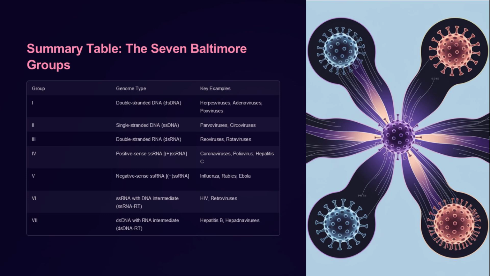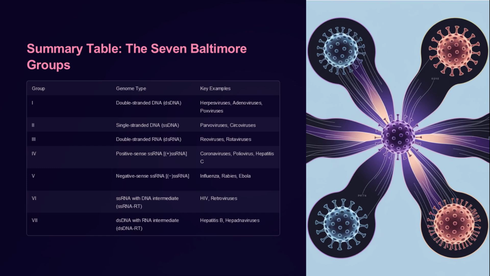Group 1, dsDNA: herpes viruses, adenoviruses, poxviruses. Group 2, ssDNA: parvoviruses, circoviruses. Group 3, dsRNA: reoviruses, rotaviruses. Group 4, plus-sense ssRNA: coronaviruses, poliovirus, hepatitis C. Group 5, negative-sense ssRNA: influenza, rabies, Ebola.